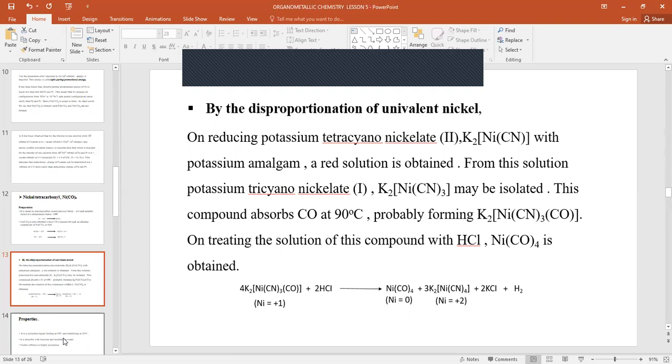This potassium tricyanonickelate may be isolated, and this compound absorbs carbon monoxide at 90 degrees Celsius. It results in the formation of a compound. On treating the solution of this compound with hydrochloric acid, nickel tetracarbonyl is obtained.